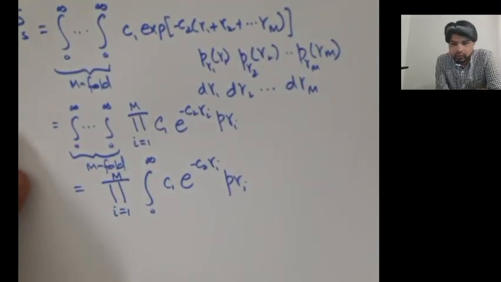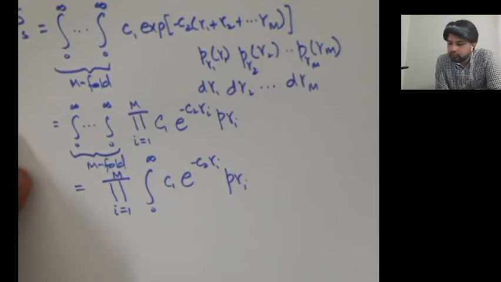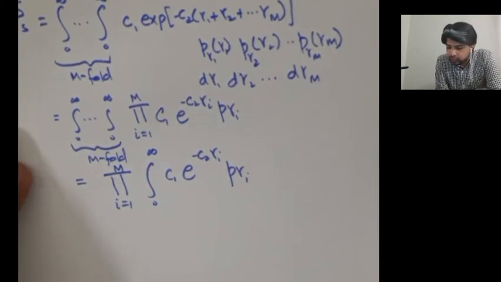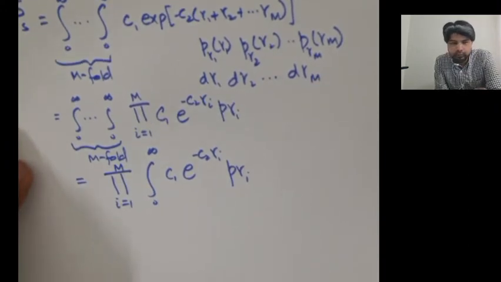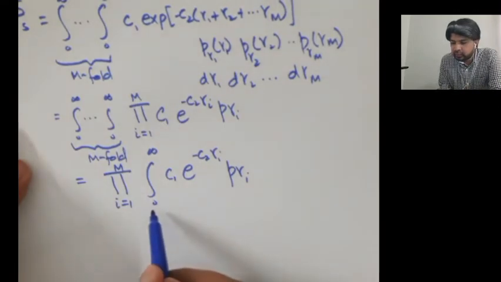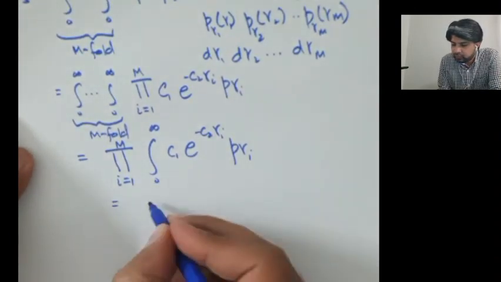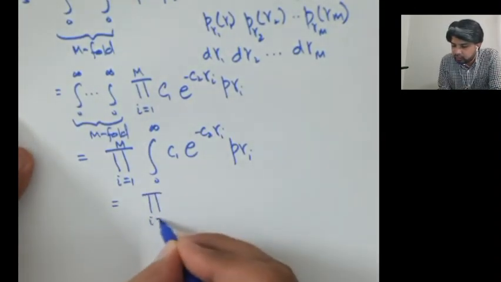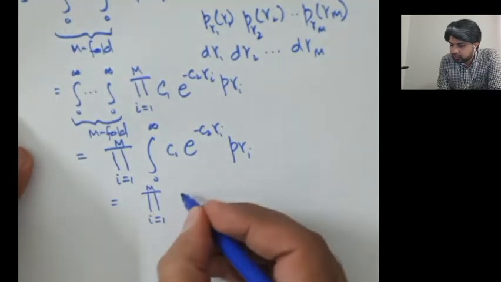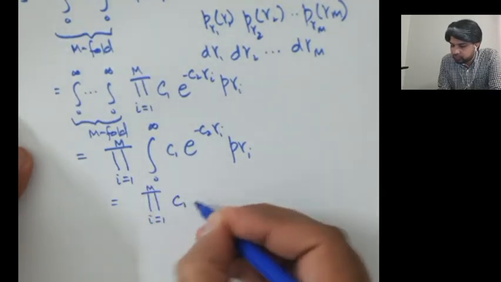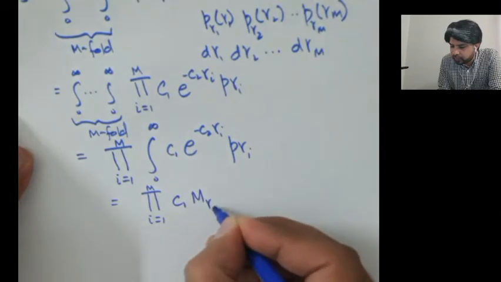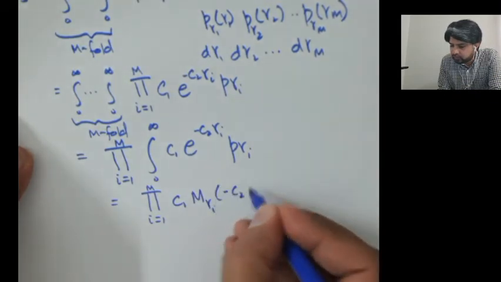right? And then you can see where this MGF approach would kick in. So this integral on the right hand side is nothing but the moment generating function of the PDF of gamma i. So you can write it as the product i equals 1 to capital M of C1 times M gamma i of minus C2.